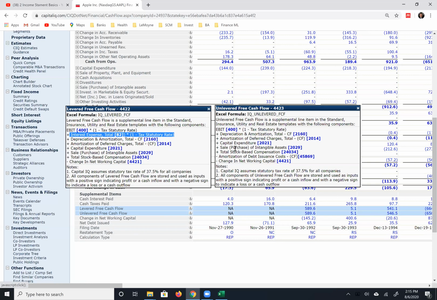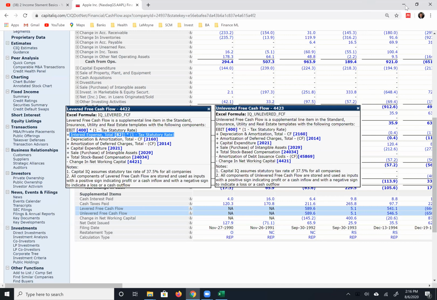So basically levered free cash flow will give better performance results if a company is highly levered with debt and makes profit out of it, versus you can eliminate that effect. If you want to be more fair and eliminate the impact of interest, you may want to use unlevered free cash flow.